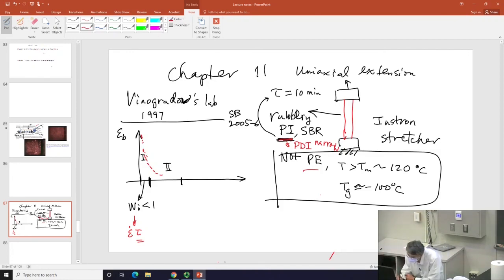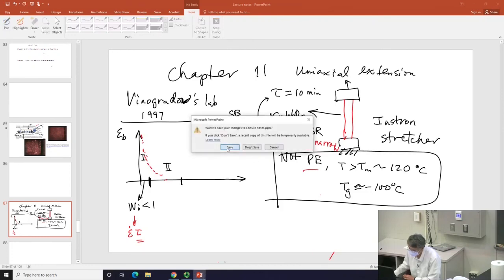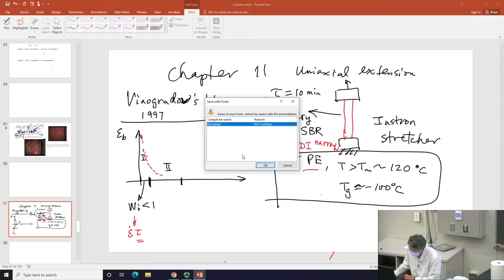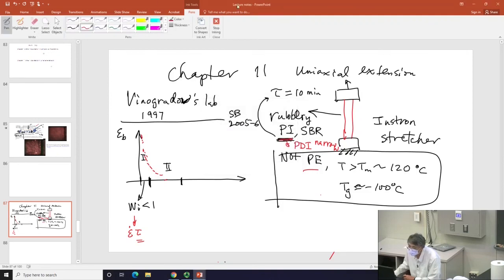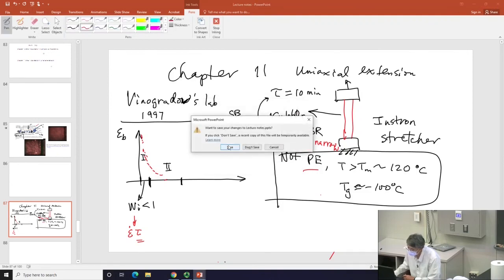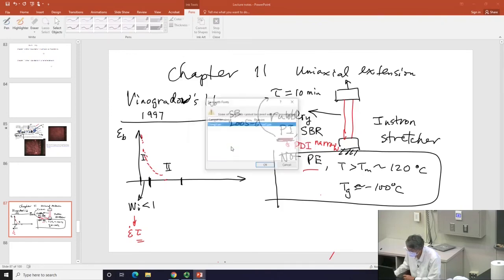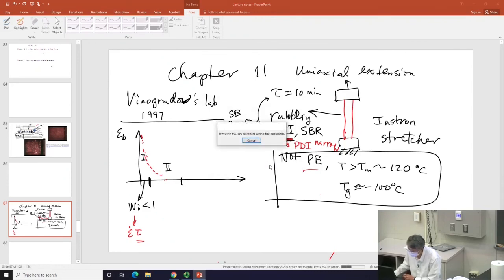Oh Lord, this calibration occurs again. What do I do? I can only stop it. Sorry about this technical part.